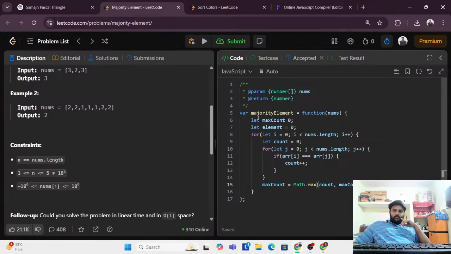Okay, so using this logic I would get the max count. But here I have to return the element basically.